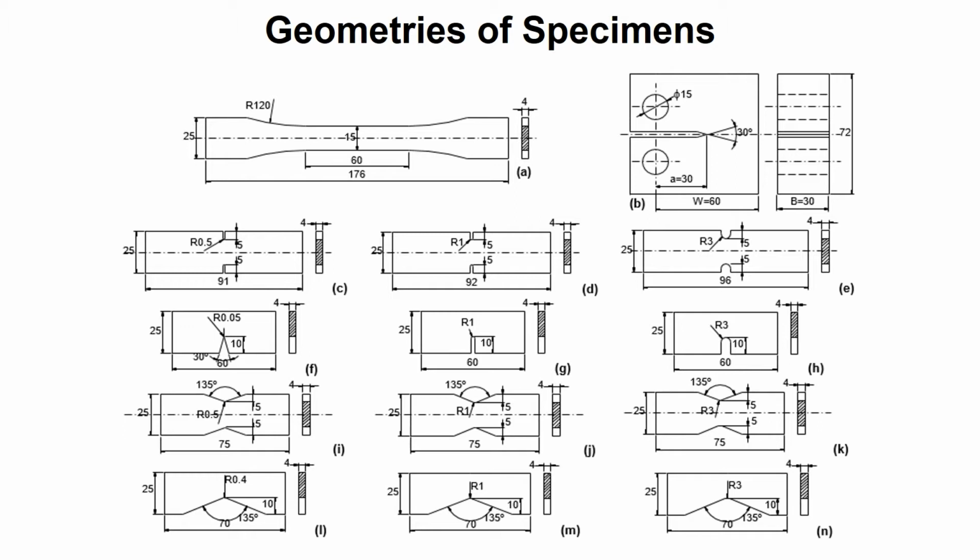Similarly, Figures I to K show the geometry of specimens with open notches under tension, which have a notch radius of 0.5 mm, 1 mm, and 3 mm at a notch angle of 135 degrees. Lastly, Figures L to N show the geometry of specimens with open notches under 3-point bending test.